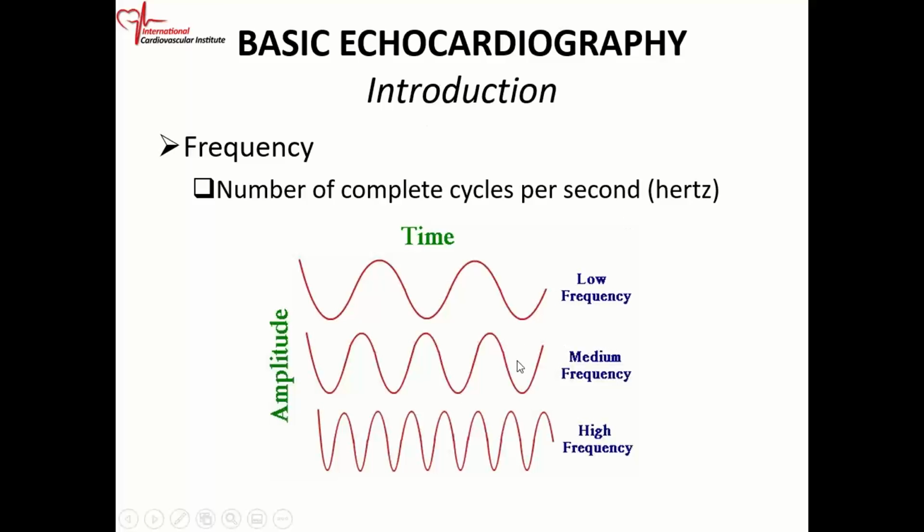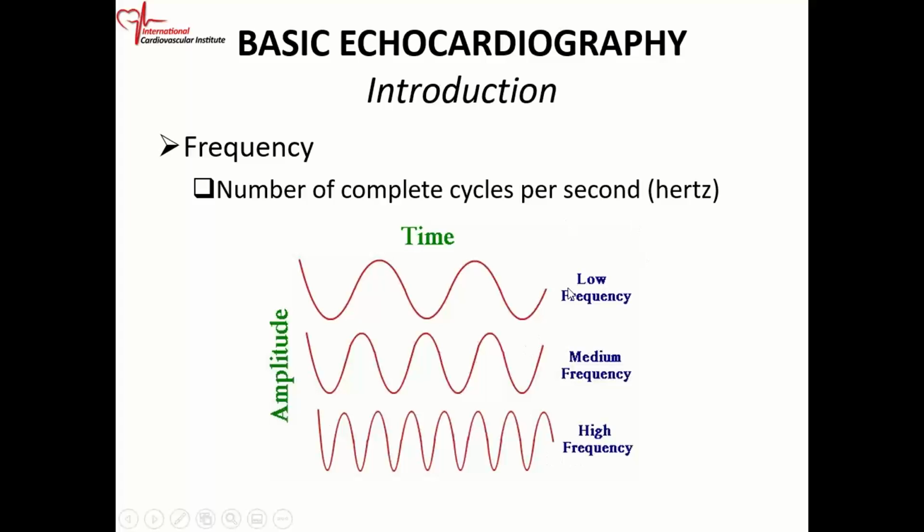If we were to show this in a cartoon, one cycle would be, if you start here, then you move down here, you move up, and so this would be one cycle. This scenario has 2 cycles, this one has 3 cycles, and this has multiple cycles.